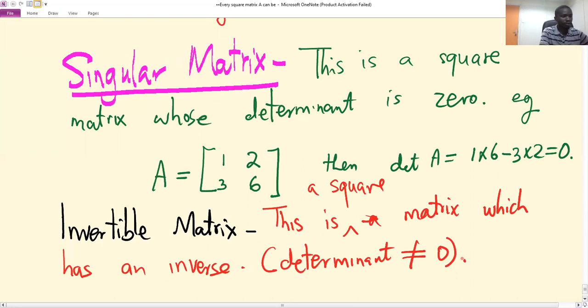So those are the definitions of those different types of matrices. Thank you.